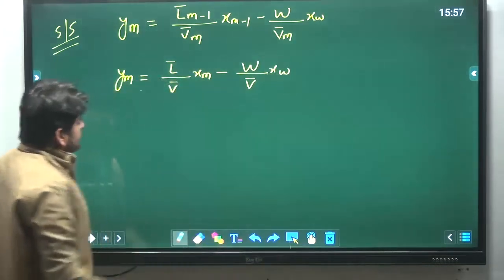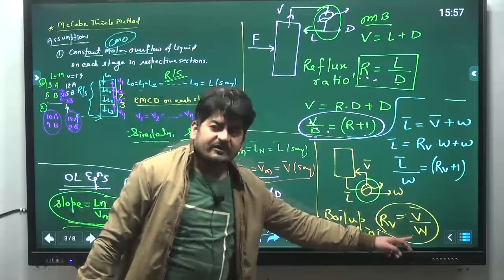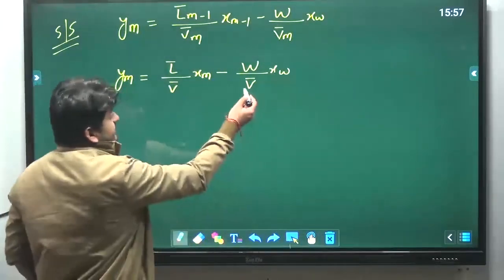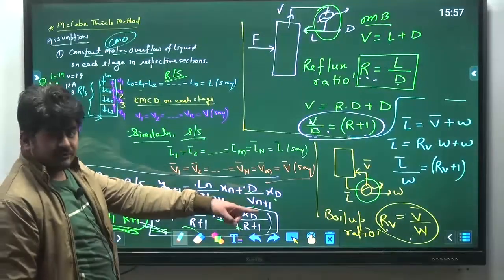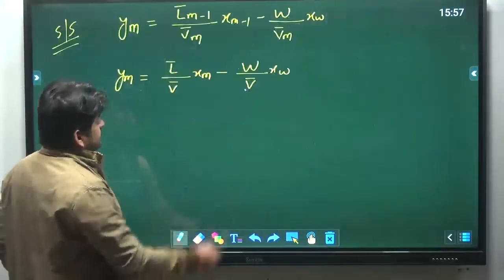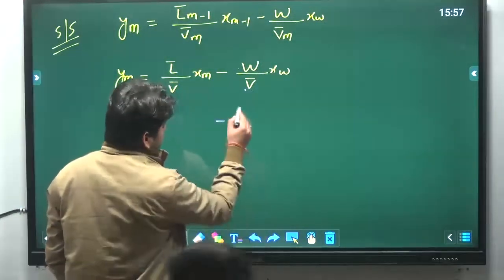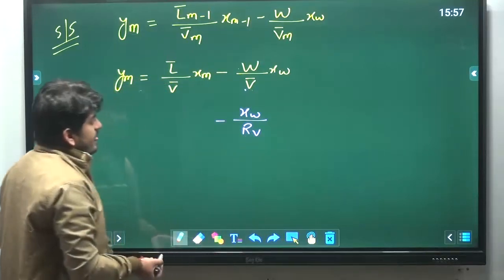And as we know, V bar upon W is RV. So you can write it as this.